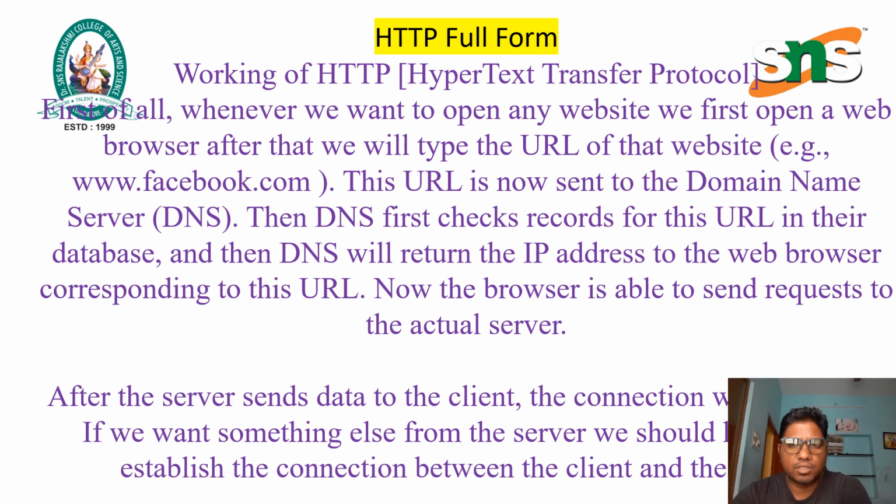The DNS checks the record for this URL in its database, and then returns the IP address corresponding to this URL to the web browser. Now the browser is able to send a request to the actual server. After the server sends the data to the client, the connection is closed. If we want something else from the server, we have to establish the connection between the client and the server again.